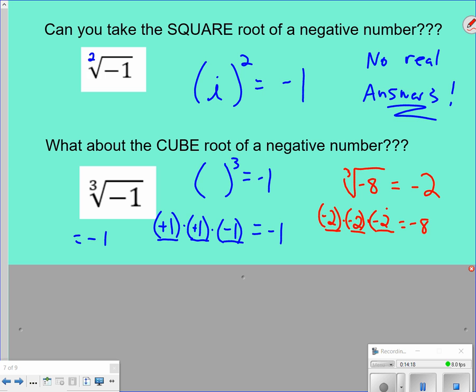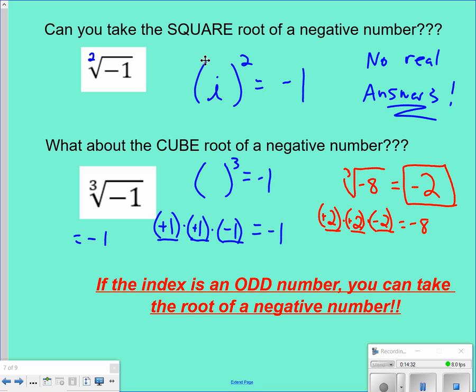Negative 2 times negative 2 is positive 4, and then you got positive 4 times negative 2 gets you negative 8. Okay, so in summary here, the reason why that works is if the index is an odd number, you can take the root of a negative number. Because you're multiplying an odd number of things together, you're going to have a negative left over.